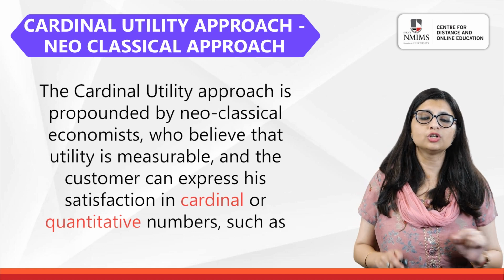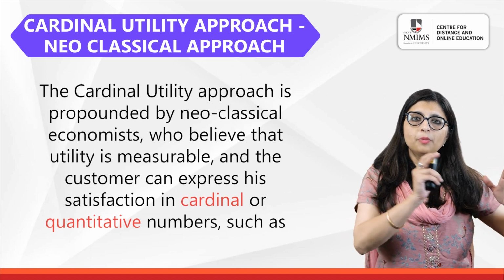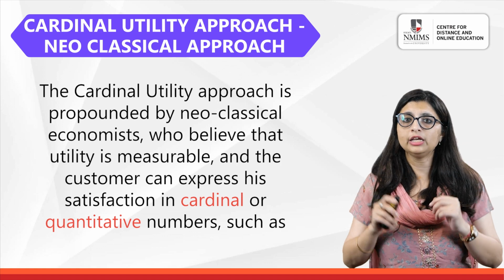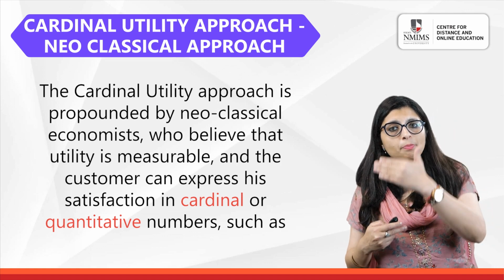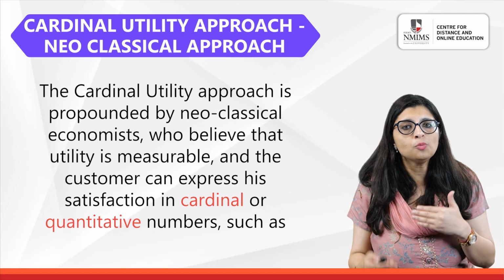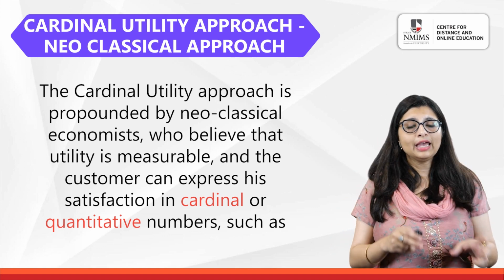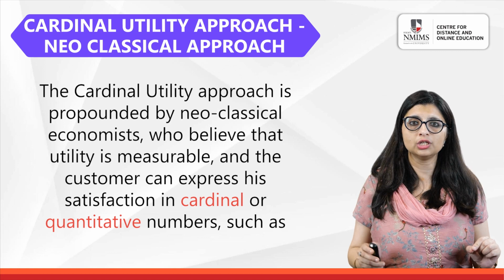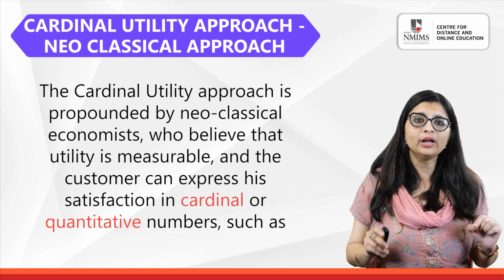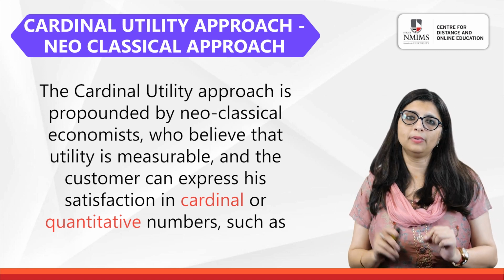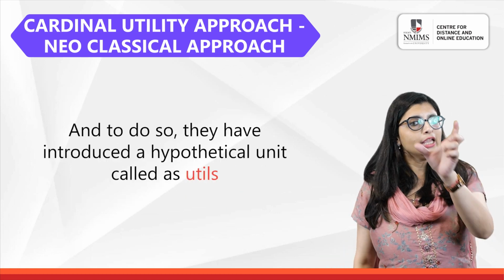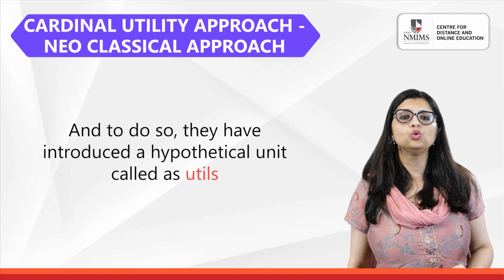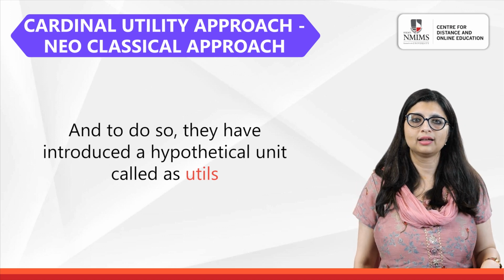The cardinal utility approach was propounded by neoclassical economists who believed that utility is measurable and the consumer may express his or her satisfaction in cardinal or quantitative numbers such as 1, 2, 3 and so on. They introduced a hypothetical unit called utils.